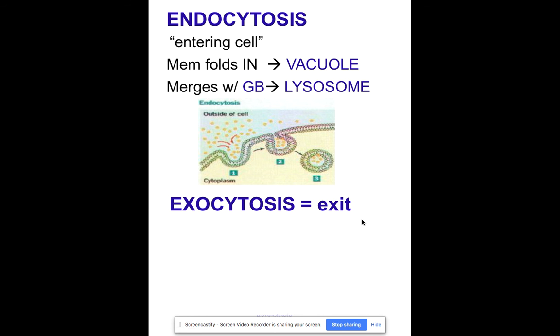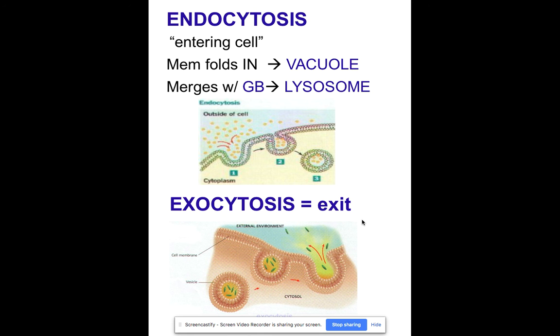The opposite of endocytosis is exocytosis, when you've got to get rid of something. Let's say you're trying to digest something and you want to get rid of waste. You don't want the waste just hanging out in your cell. Let's say this is the lysosome. It travels to the cell membrane and forces itself up, and it literally becomes part of the cell membrane.